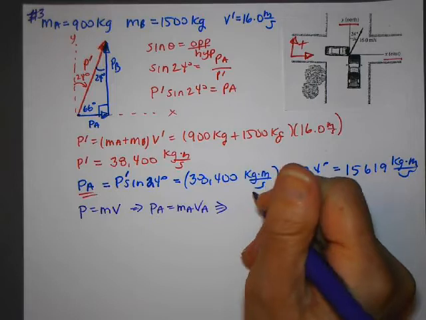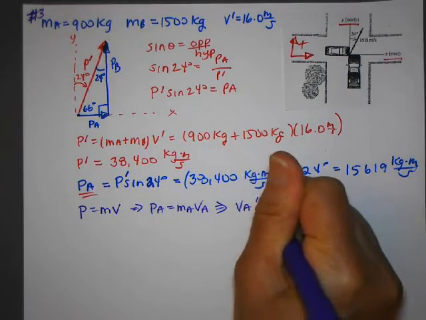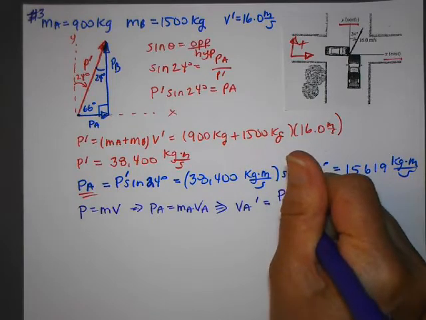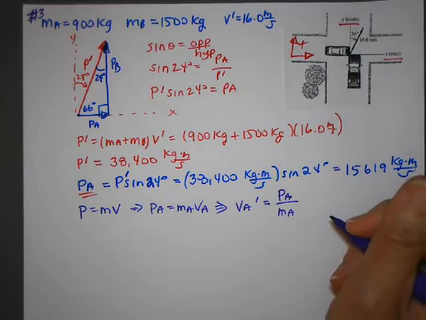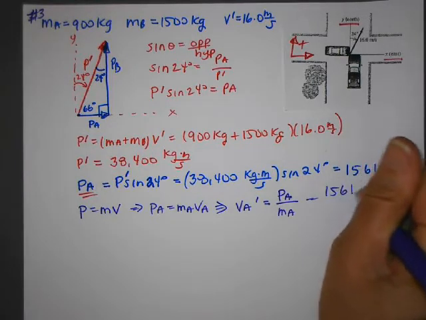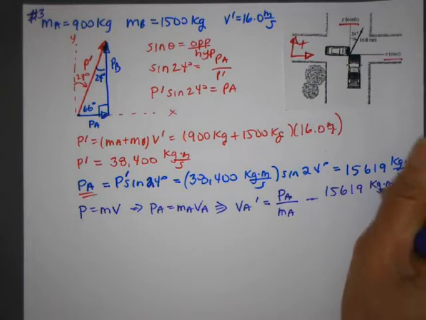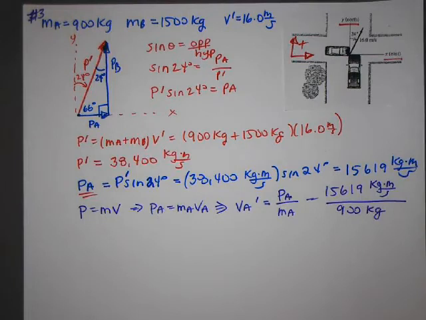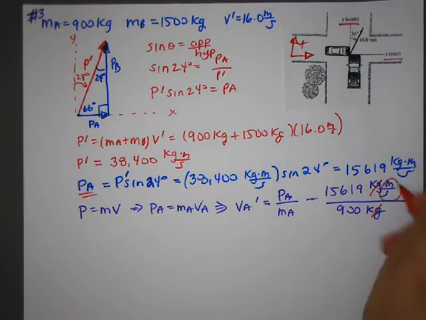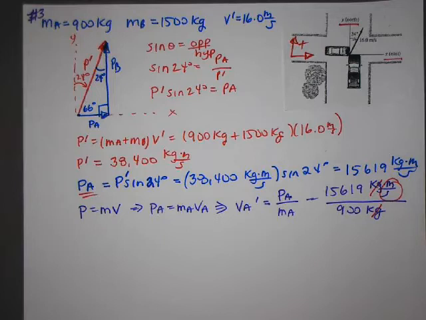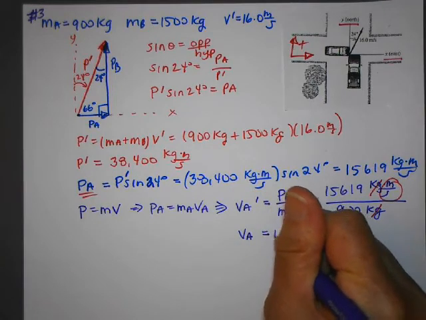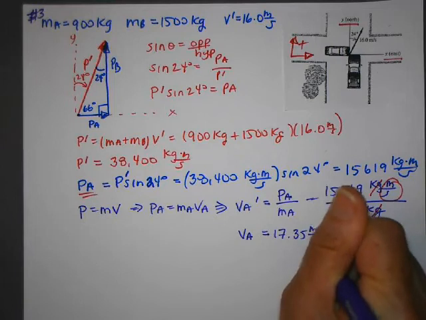Then I would rearrange that and say VA is equal to PA over MA. So it would be 15,619 kilogram meters per second divided by the mass, which is 900. Cancel my units, I end up with meters per second, which is the correct unit for velocity. So I see that VA is equal to 17.35 meters per second.